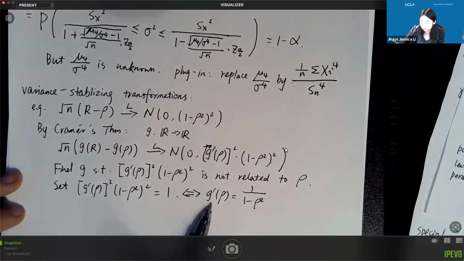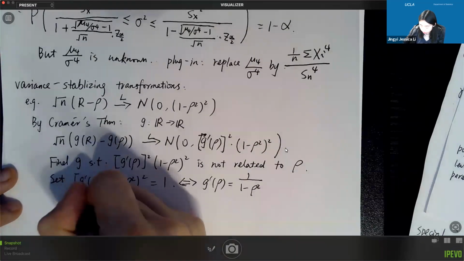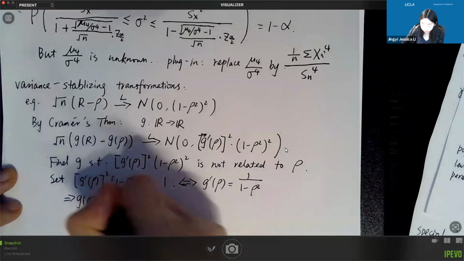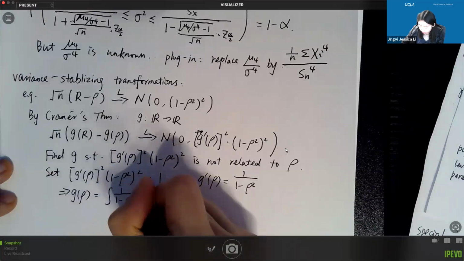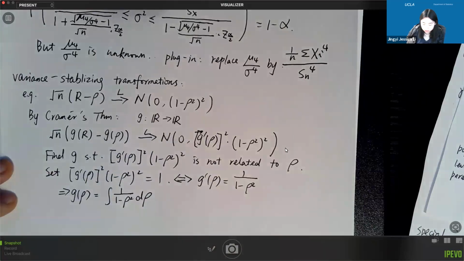And now it becomes a calculus problem. Given we know g prime rho is this, what is g rho? We do integration, right? So then we can get g rho by integrating 1 over 1 minus rho squared d rho. And here is an interesting trick that we may use, right? So 1 over 1 minus rho squared is equal to 1 over 1 minus rho plus 1 over 1 plus rho, and divide by 2 for it.